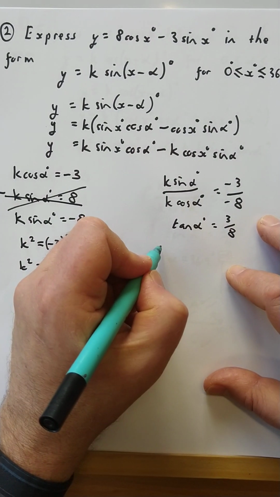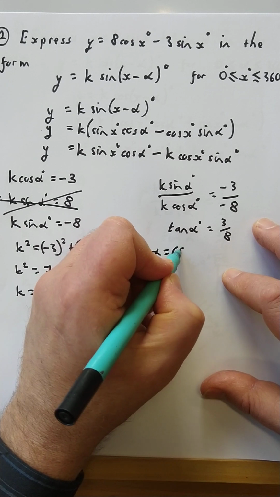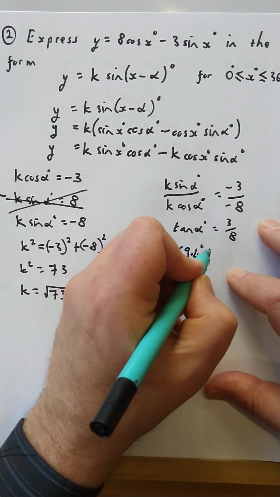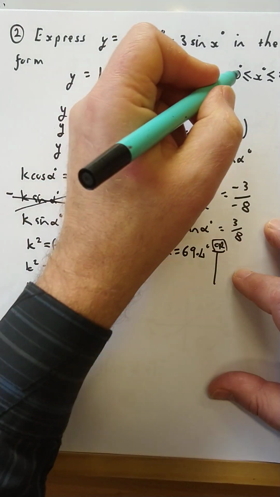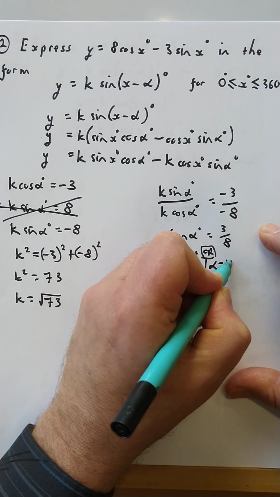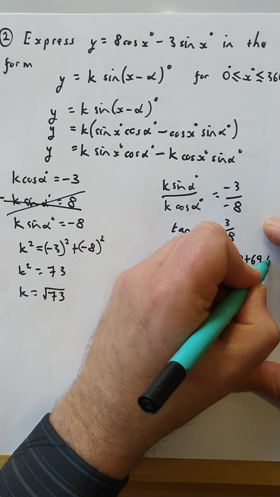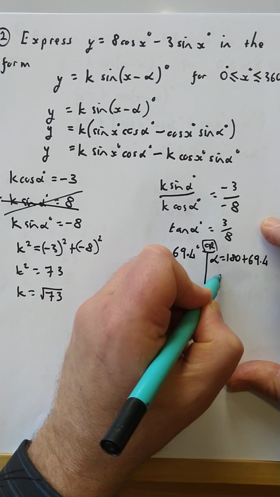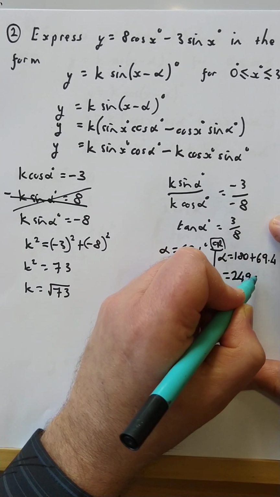Reach for my trusty calculator. Alpha could be 69.4 degrees. Or, again, second possible answer between 0 and 360, I'll add 180. 249.4 degrees.